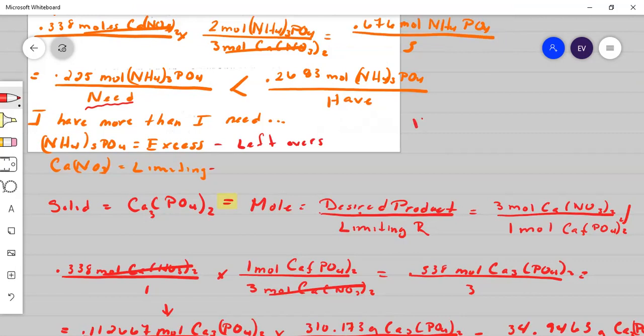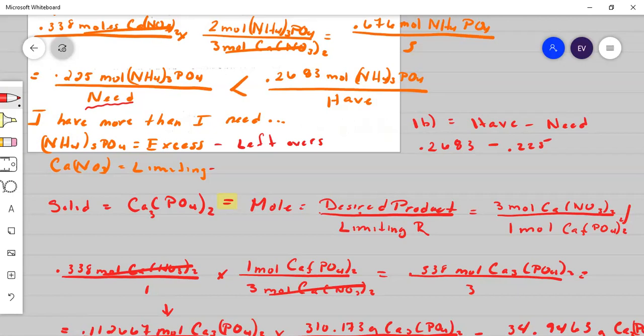Well, that's pretty easy because all I have to do then is take the have minus the need. Okay, so I have 0.2683, right, minus 0.225. So let's see how much is going to remain unreacted.